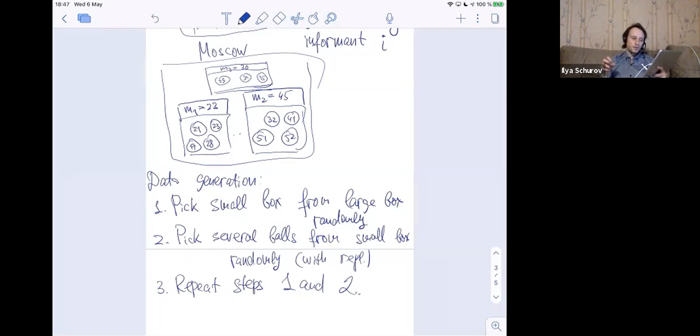This is my picking of balls, just sampling of some random numbers from this smaller box. And in this way, I generate my data. So this is just a formalization of my experiment.